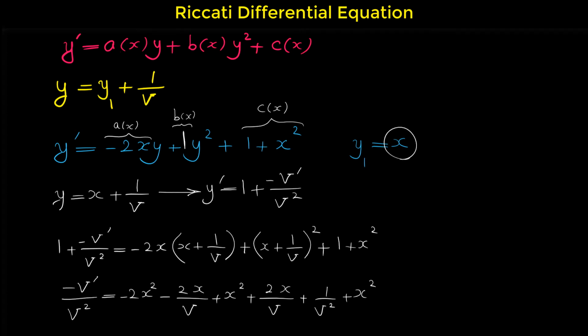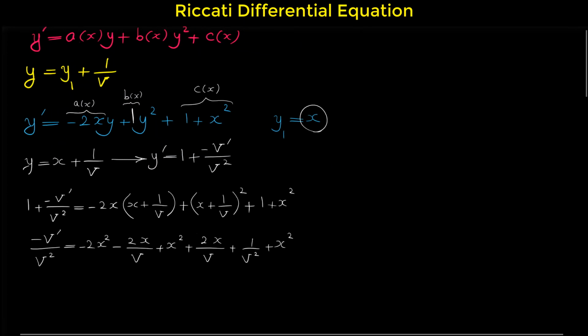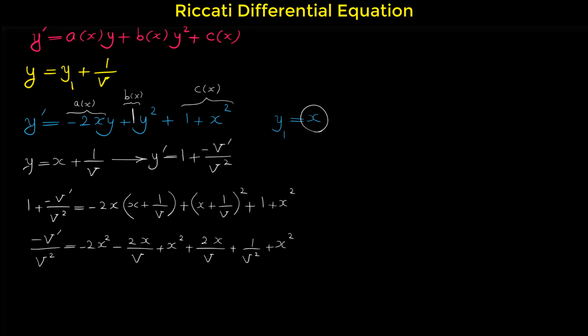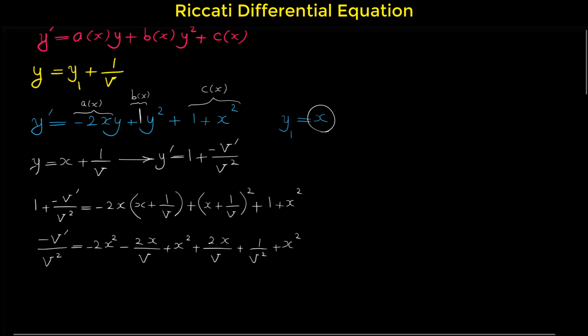So this term and this term cancel each other, and 0 remains. And negative 2x over v and positive 2xv also cancel. So let's see what remains. In the left side, we have negative v prime over v squared.